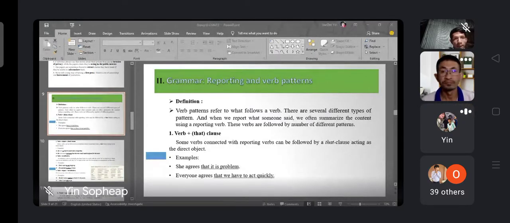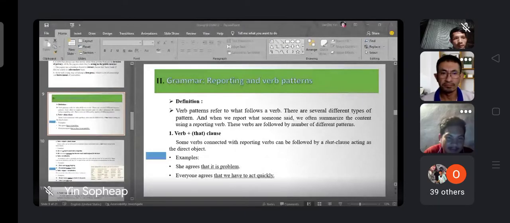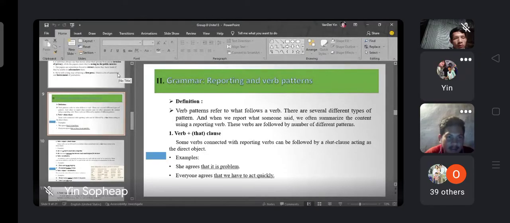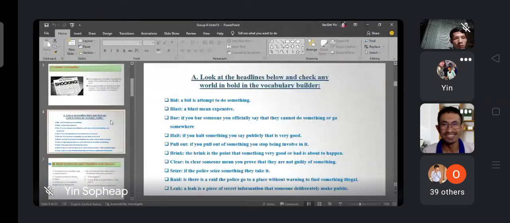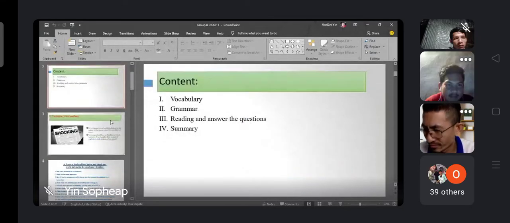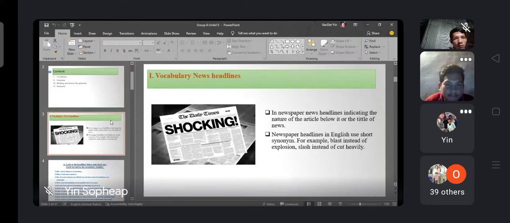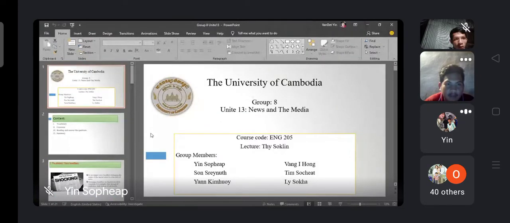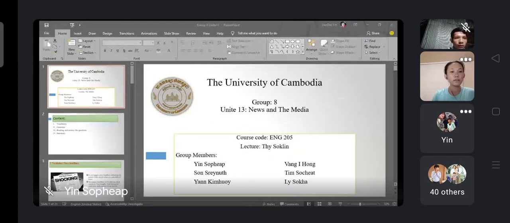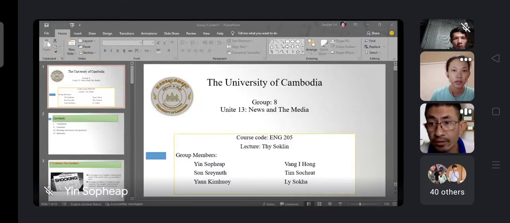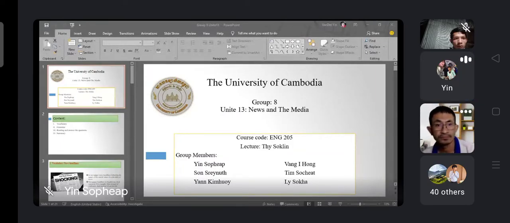Okay, did you see the slide? Yes. But can you move to the first slide? Could you see the slide, Sophia? Please click on the slideshow. And let's start now.